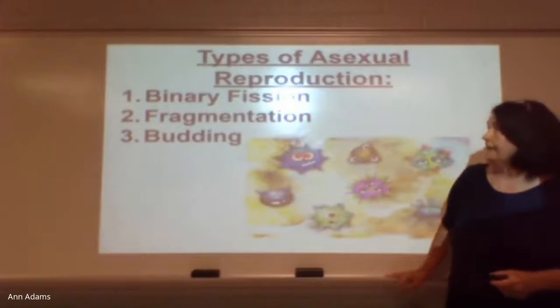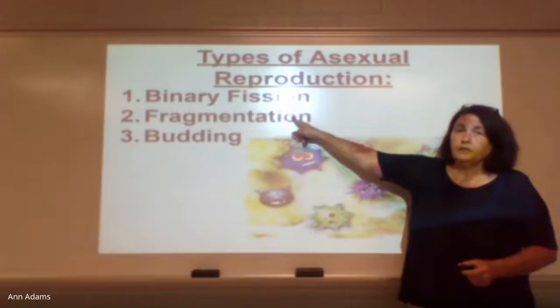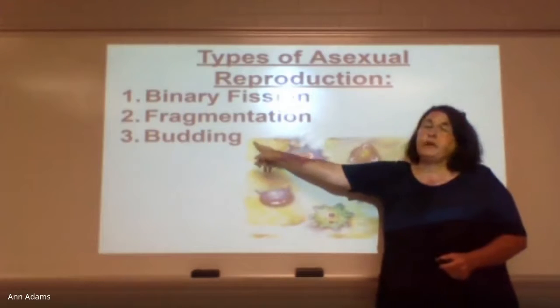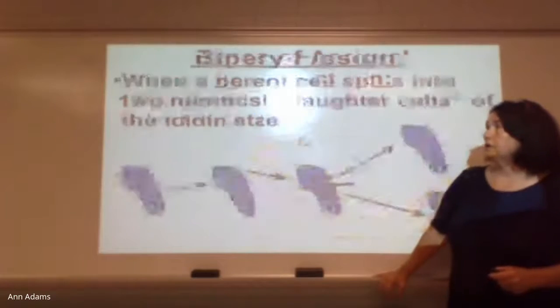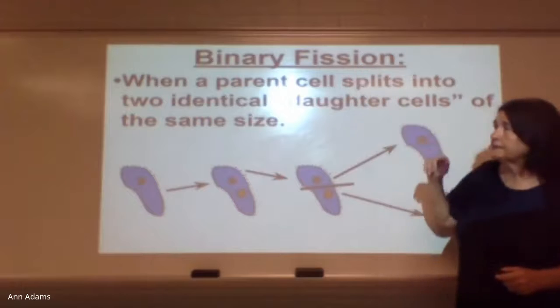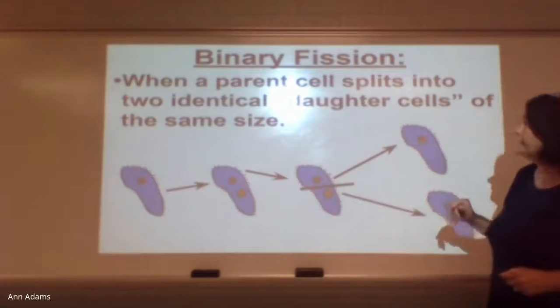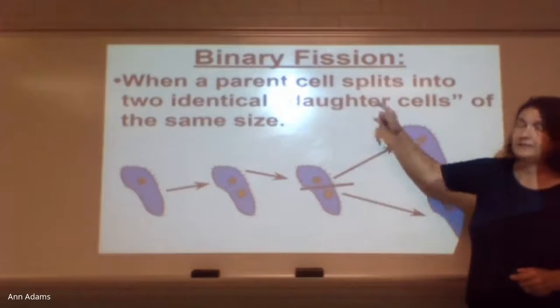The types of asexual reproduction: you've got binary fission, you've got fragmentation, and you've got budding. Those are the three types of asexual reproduction. Now, in binary fission, the parent cell splits into two identical daughter cells, the same size.